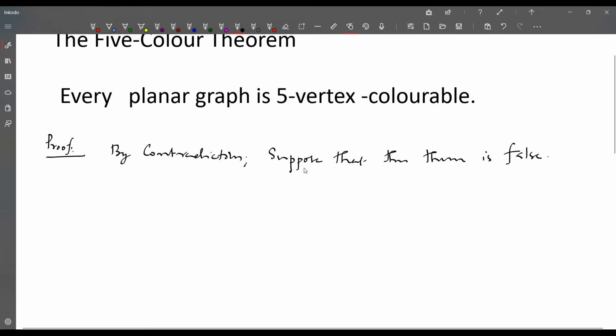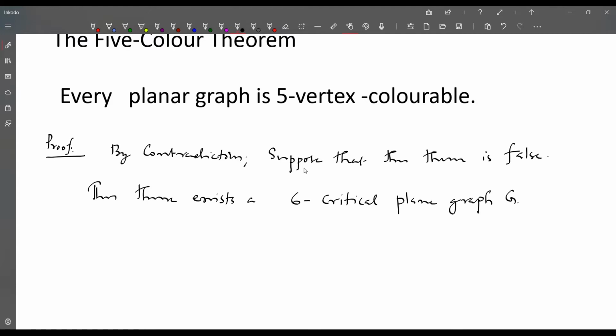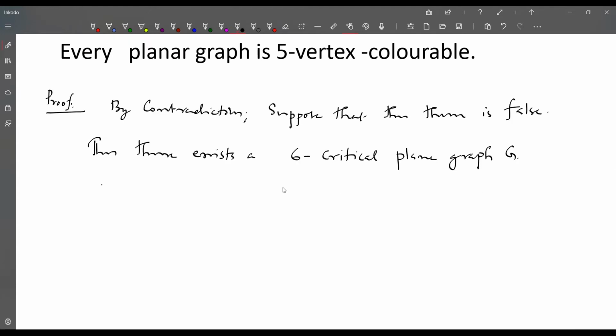Then there exists a six critical plane graph G, since a critical graph is simple.